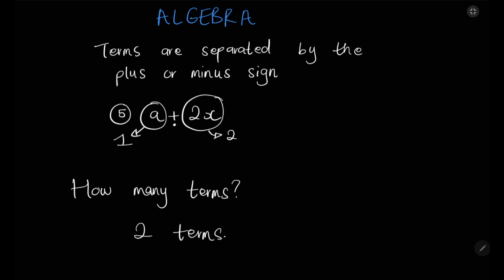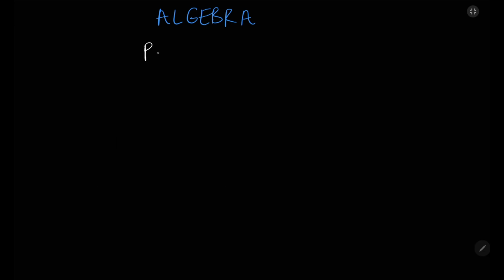Another thing that you guys should know in algebra is a polynomial. So what is a polynomial? A polynomial is a mathematical expression that has numbers, variables, powers, addition, subtraction, and multiplication.